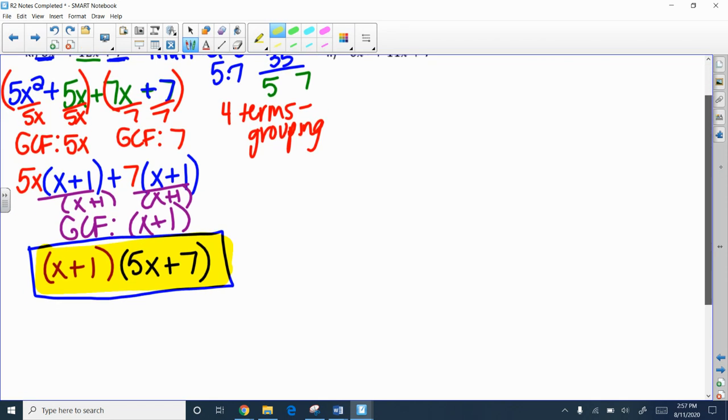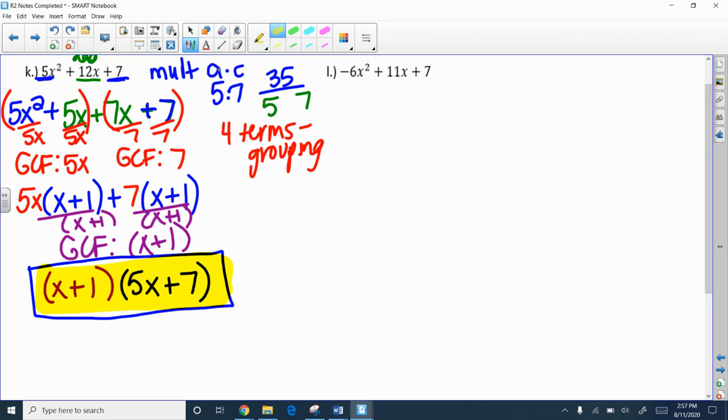One thing I do want to point out is that in your Algebra 2 class, you may have used the X method. And while you can use that to help organize your work, just using the X method by itself doesn't work. You're still going to have to rewrite the middle term and then do grouping to get the right answers. So if you have seen this before, maybe this will look familiar.